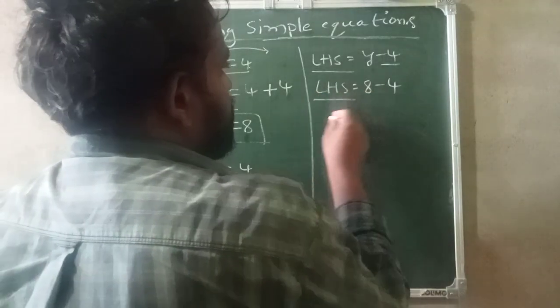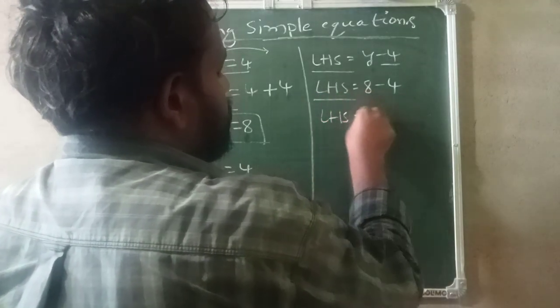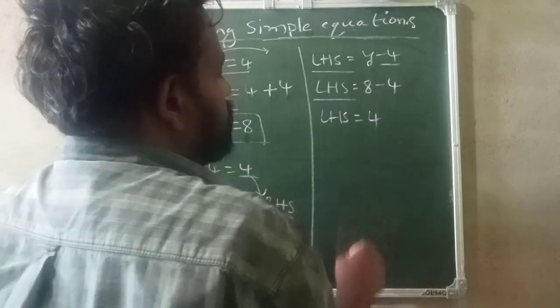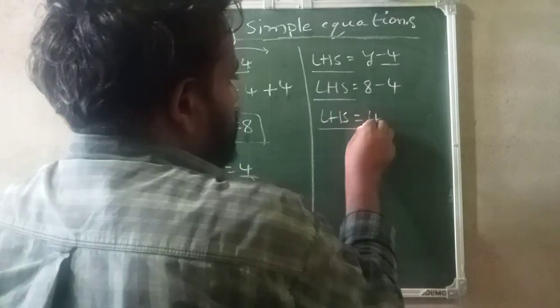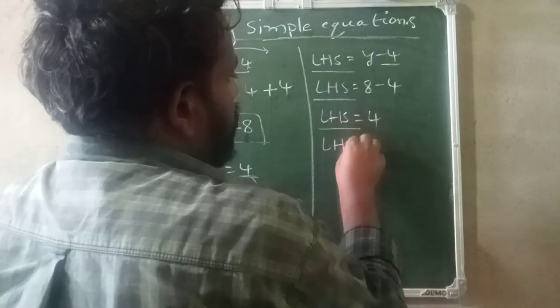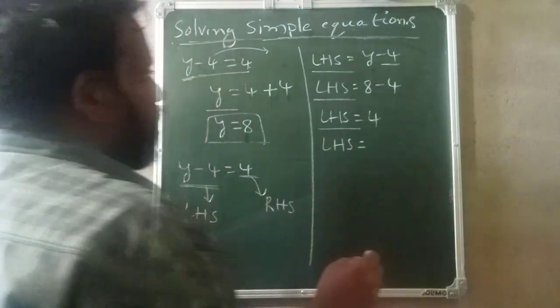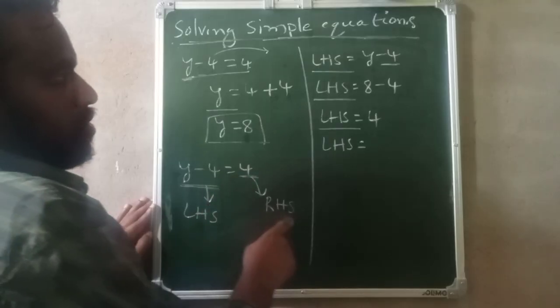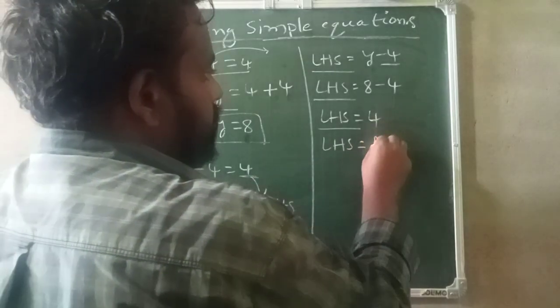Next step, write this LHS is equal to as it is. So 8 minus 4 is 4. Again, next step, write this LHS is equal to as it is. So I said 4 means it is RHS. So in place of 4, I will write RHS.